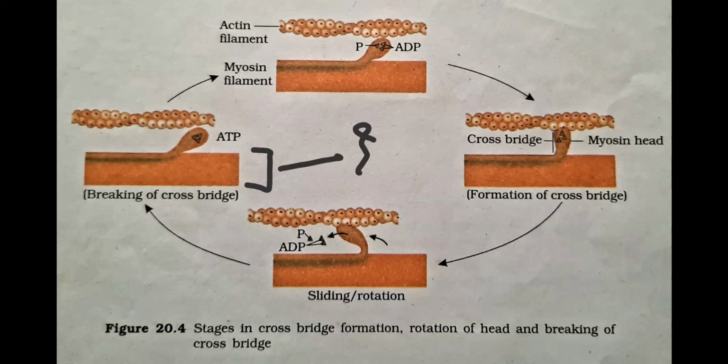Thick filament. Correct. What is the name of this projection at this point of time? It is not yet attached to the thin filament. What do you call it? Cross arm.